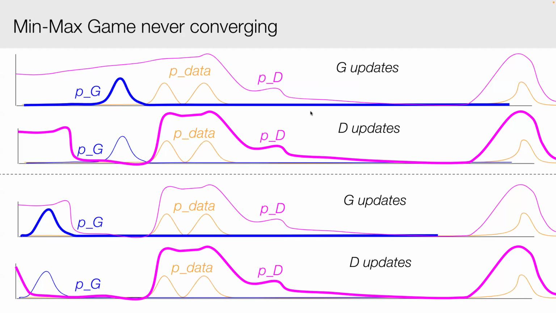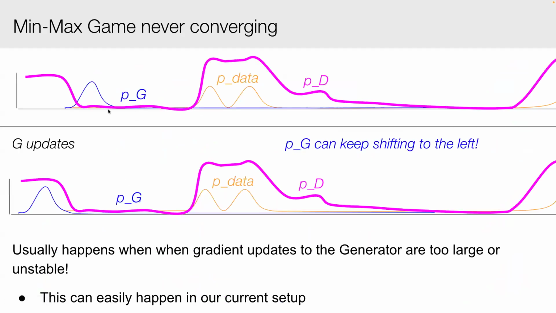Does that make sense? Okay, so once again, let's say the generator gets a really big gradient. It makes another really big jump to the left-hand side. Hypothetically, all of this is just uninitialized random behavior from the discriminator.